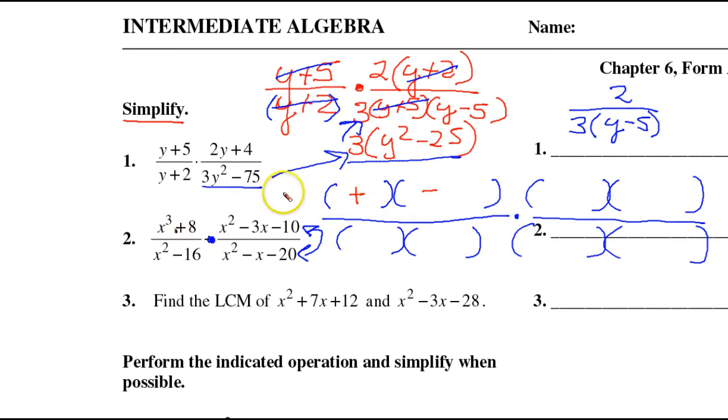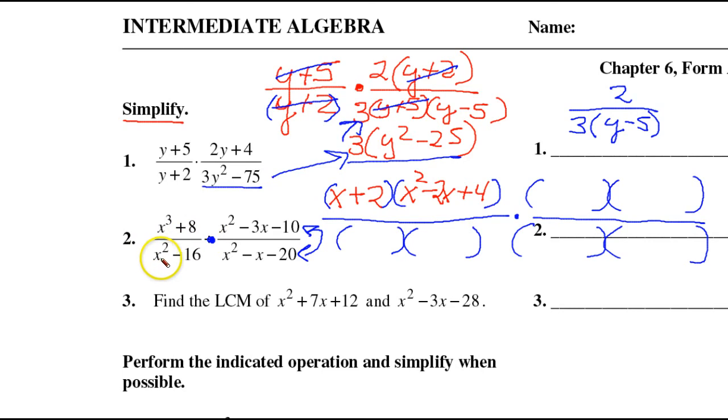So this will be the cube root of that, which is x, cube root of that, which is 2. Square this, multiply these two together, square that. So that's the factoring of the sum of perfect cubes.